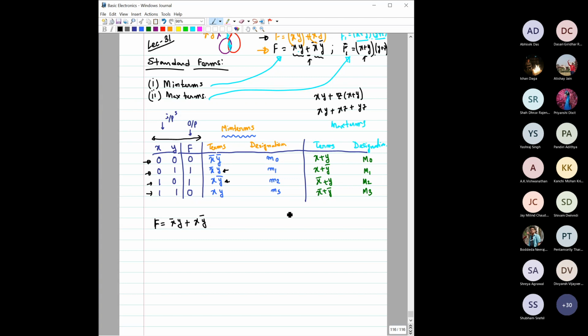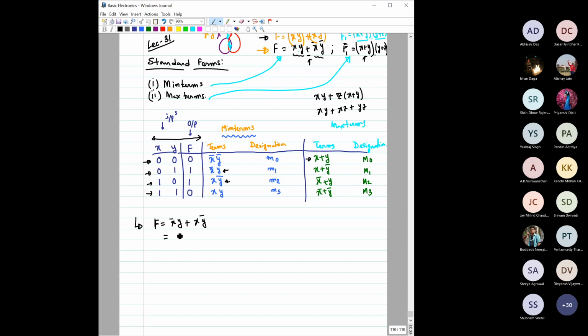I think just give me 1 or 2 minutes more, it will be much clearer to you. So basically here you write the terms. If you put the corresponding values of x and y, you should get 0 for individual terms. So have you understood how we are getting this f in terms of min terms?